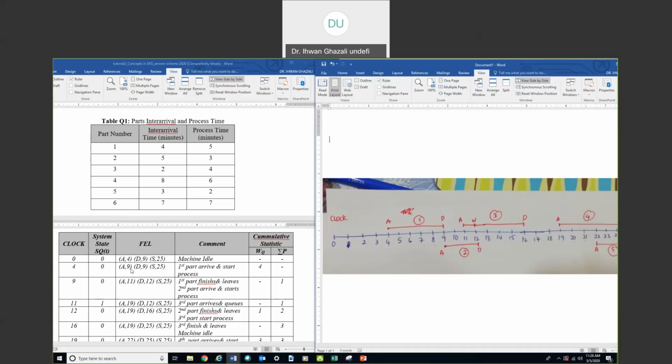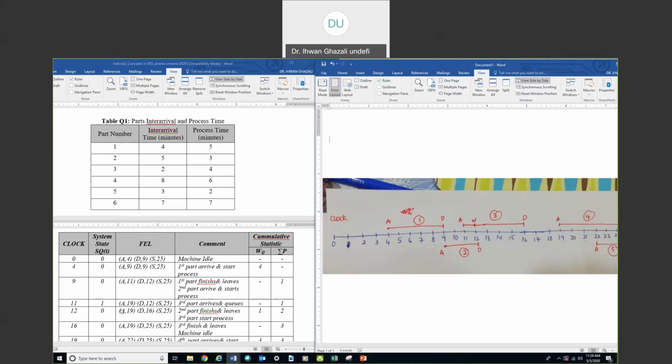And then here D is the departure for this part number 2. However, here it's a little bit different from this timeline. You need to consider which one is the closest departure for the process. Here for part number 2, the closest departure is still here, in the same timeline.